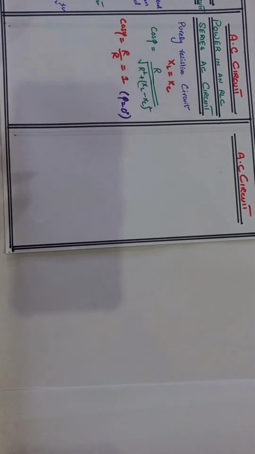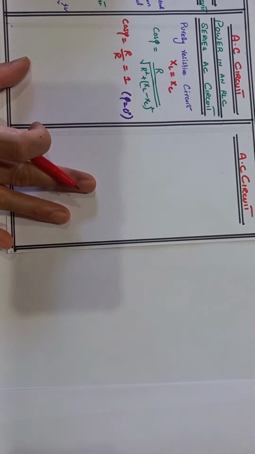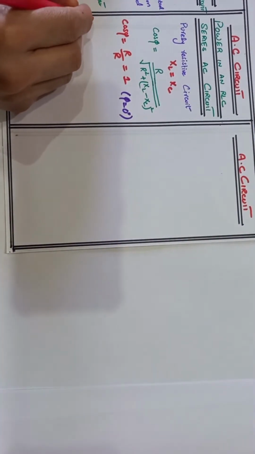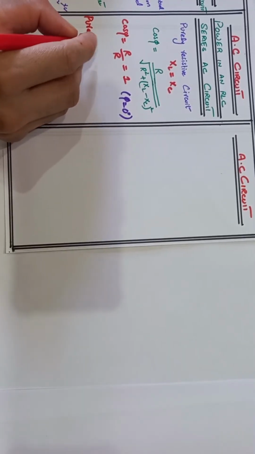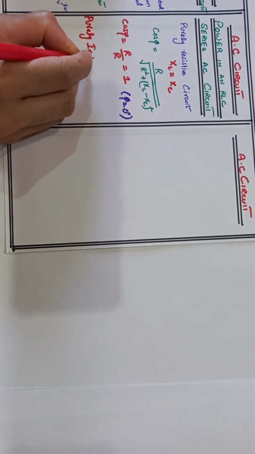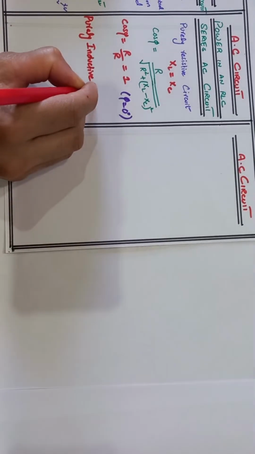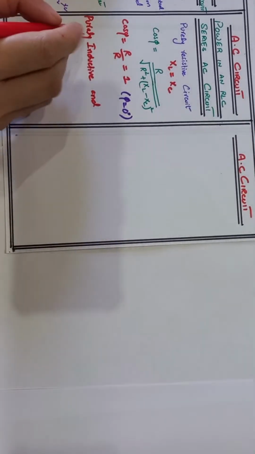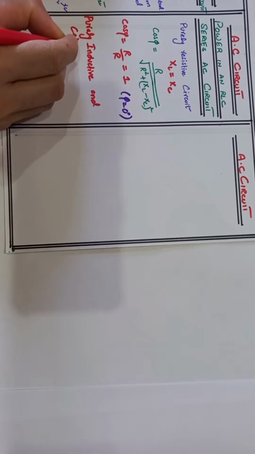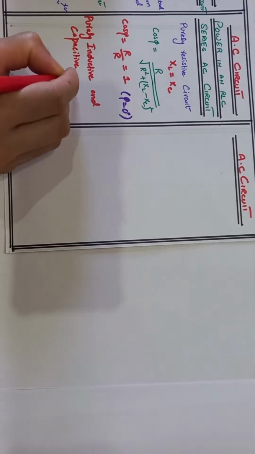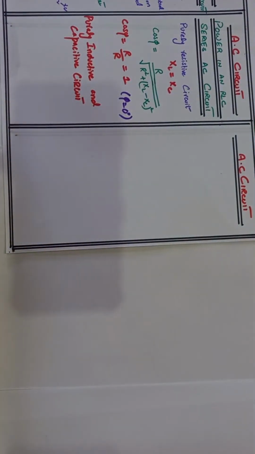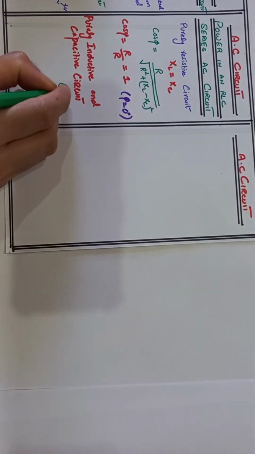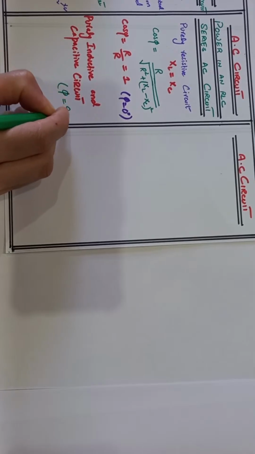Now we discuss the purely inductive circuit. For a purely inductive or capacitive circuit, we know that the voltage and current make an angle between them of phi equal to 90 degree.